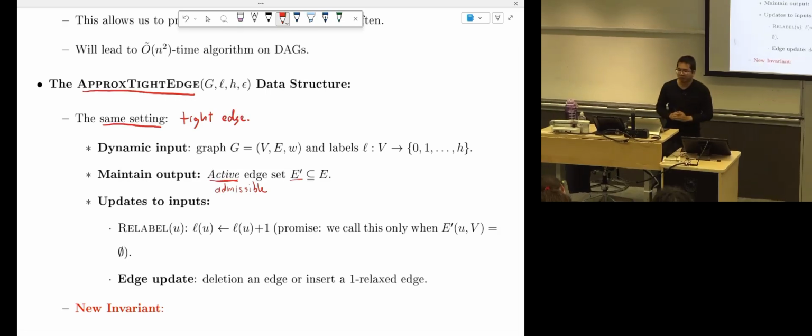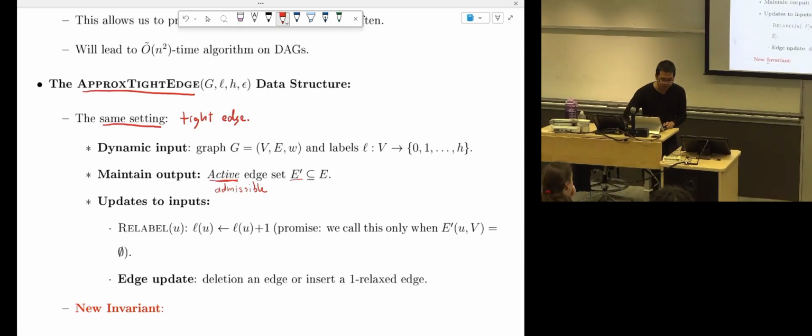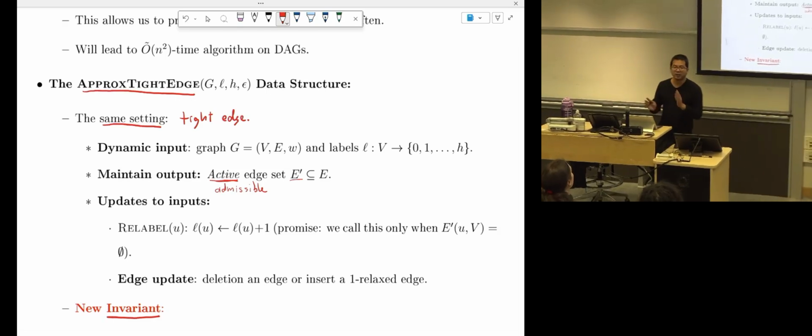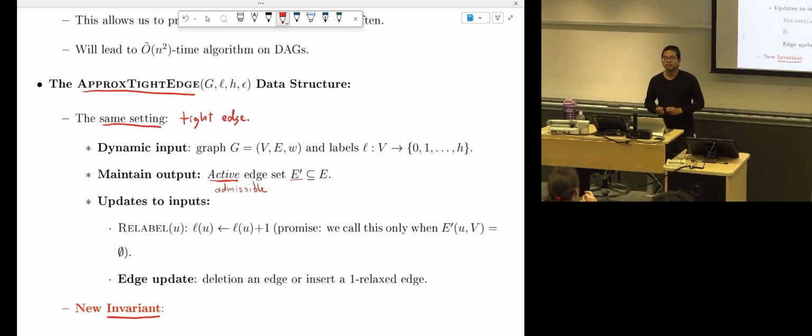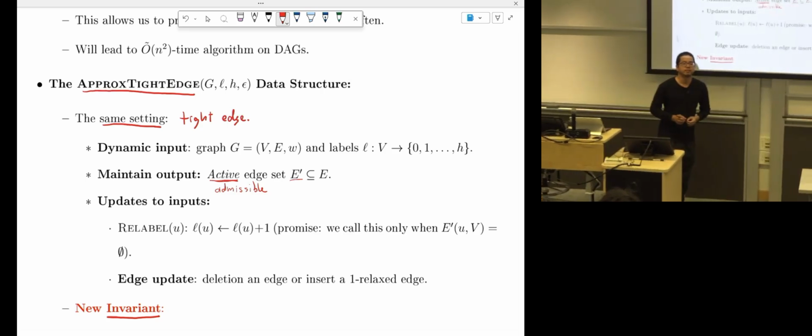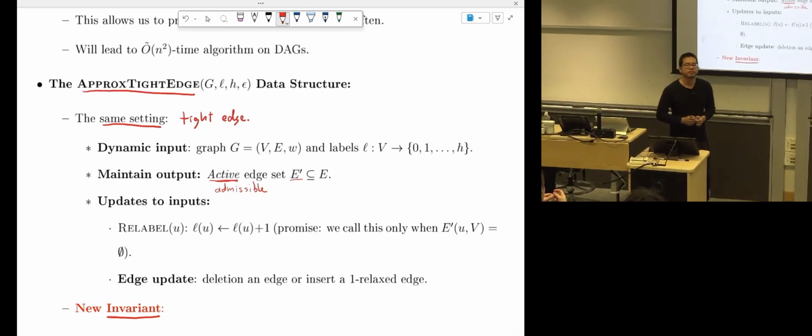Does anyone recall what the invariants of the tight edge data structure from the previous class were? There are two invariants. One was all edges are relaxed. Yes, exactly. All edges are always relaxed. And another is about the active set. I think we mark an edge as active only when it's stretched.